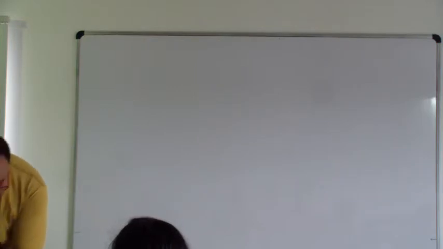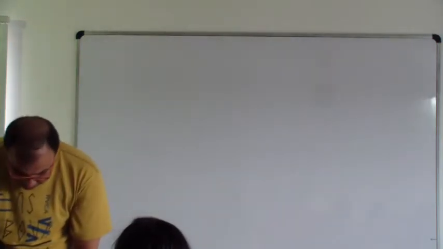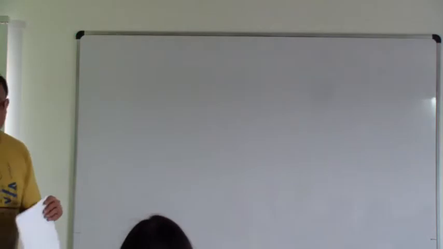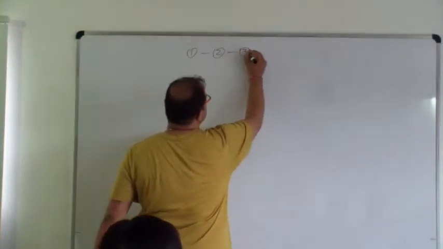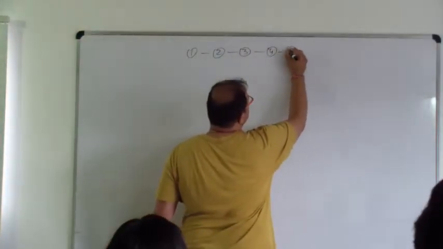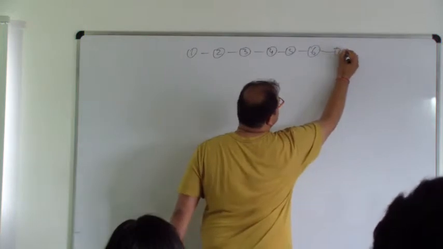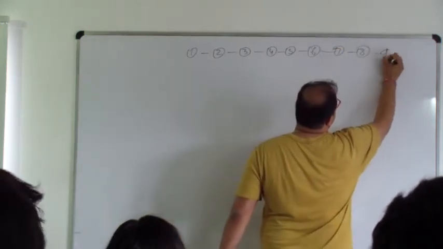Then there is reverse every k elements and retain m and delete n. Okay, we'll do retain m and delete n. So the question is that we have 1, 2, 3, 4, 5, 6, 7, 8, 9.